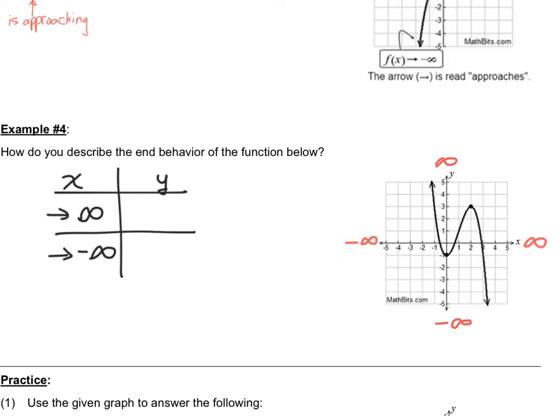So if I follow this graph, following the curve, going out in the right-hand direction towards positive infinity, where am I going in terms of y? Negative infinity. As I go to the left forever, where am I going? Positive infinity.